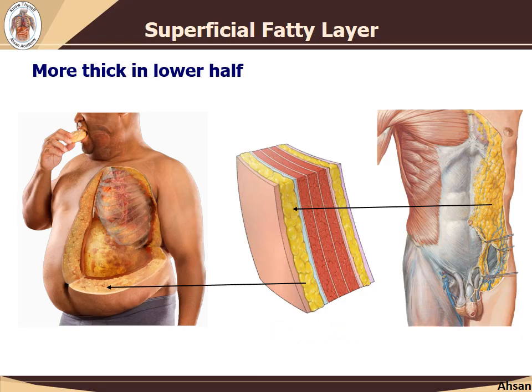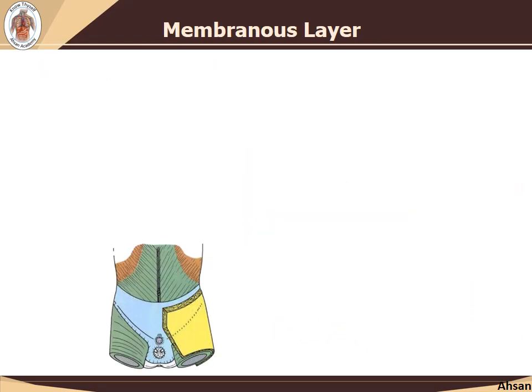Under that, a very tough, thicker membranous layer is there. The membranous layer is clinically significant because it is separated from the muscle by the very thin deep fascia, and a potential space lies deep to the membranous layer. We will discuss this clinically in subsequent areas.